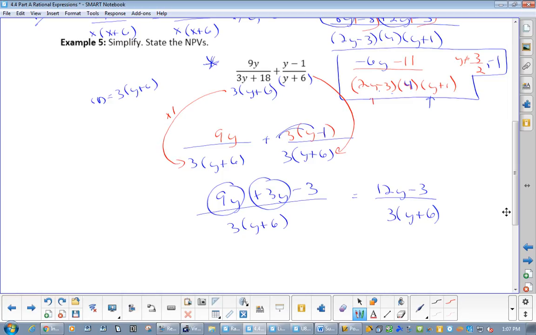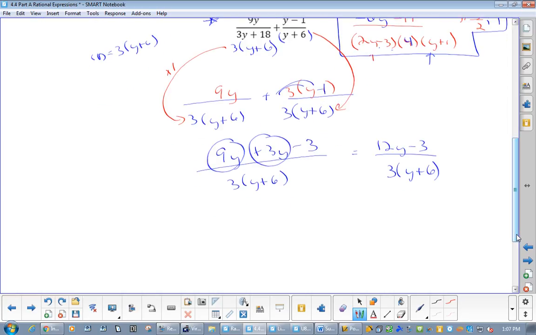No. Why? You can factor the top. What can you take out? 3, and that would leave you with 4y minus 1 all over 3(y + 6). The 3s are gone. It's 4y minus 1 over y plus 6. y cannot equal -6.